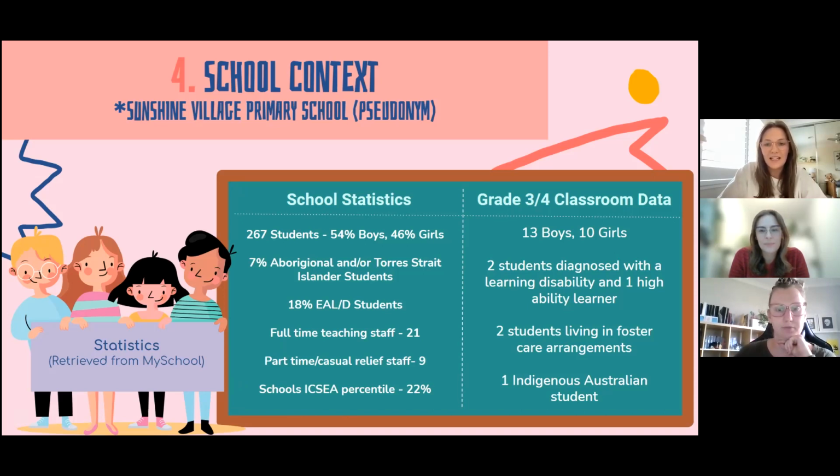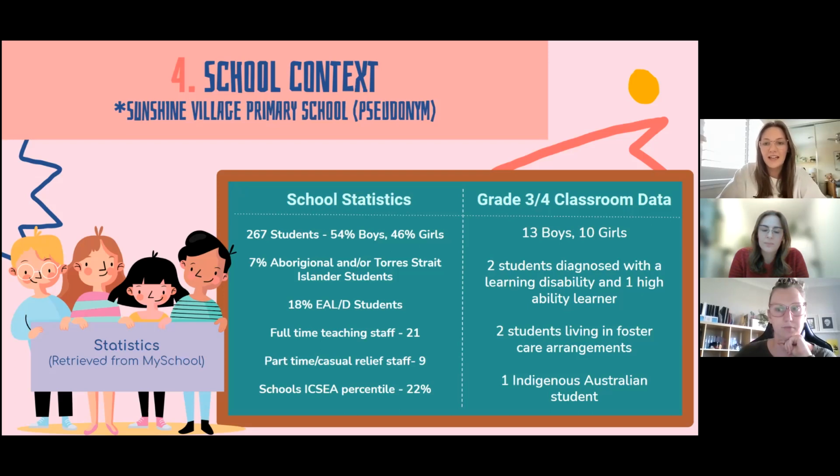And so this percentile is a scale which identifies the socio-educational advantage of a school. The calculation of this index is based upon students' family backgrounds, so things like parents' occupation, school education, and non-school education, as well as the Indigenous status of students and the geographic location of the school.